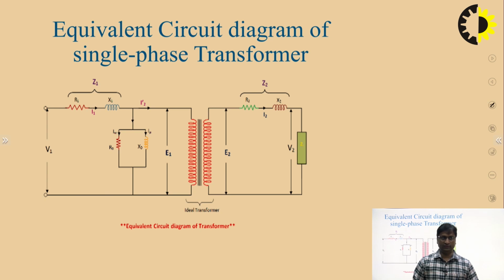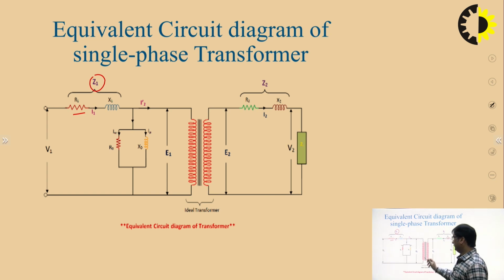In a practical transformer, we have a primary winding having a resistance R1 and a leakage reactance X1. If we combine both, we call it the impedance of the primary winding, Z1.